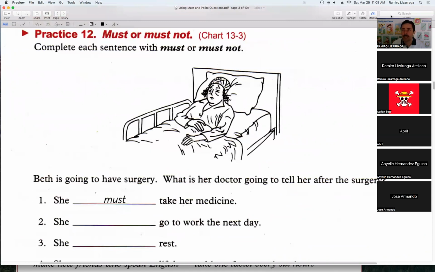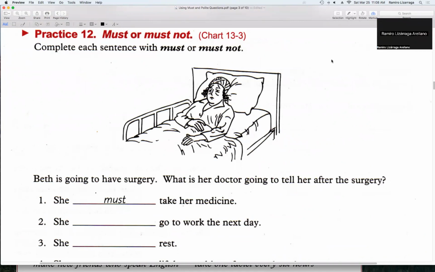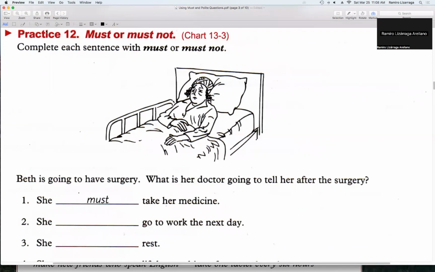Must or must not. Miren, vamos a hablar con la negación, ¿no? ¿Se acuerdan que hablamos de la negación del should? Vean aquí, miren. Cuando tenemos el should, podemos negar de la siguiente manera.